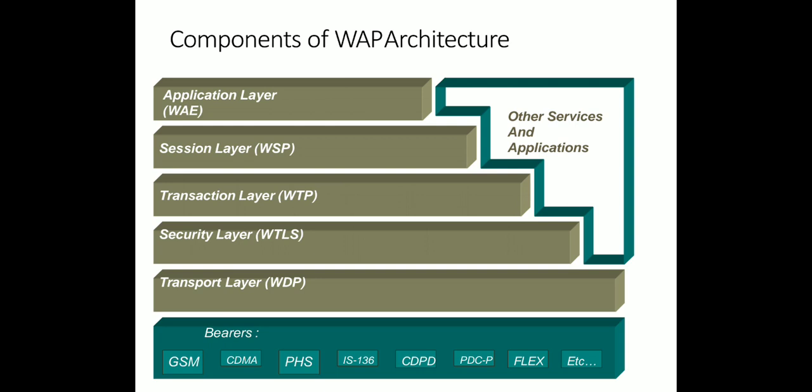Below that there are bearers that include GSM, CDMA, PHS, IS-136, CDPD, PDC-P, Flex, etc. Now let us see how these components are made for the WAP architecture.